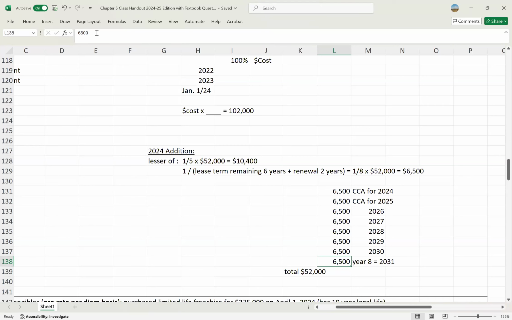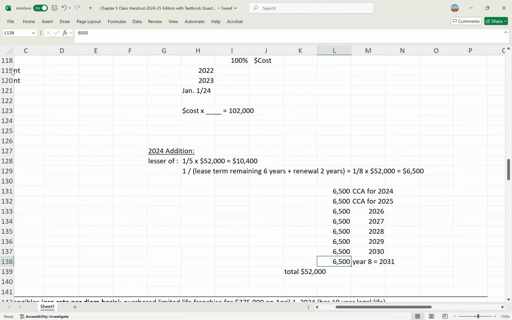And once again, because we're in 2024, we are using the accelerated investment incentive, but at 100%. So we don't have to make any adjustments. We don't have to add 50%. We don't have to deduct 50%. It's just going to be straight line, 52,000 divided by 8. So for our CCA continuity schedule, we started off with 102. We're going to add 52,000, the new addition.